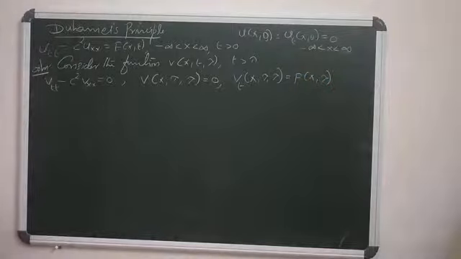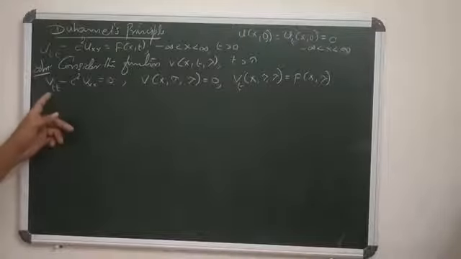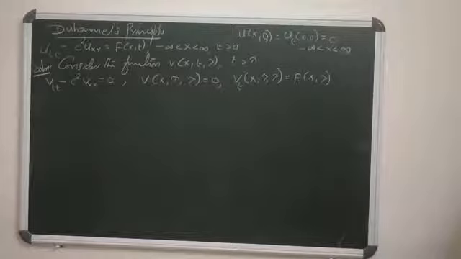So these are the two initial conditions. Consider the function v(x,t,lambda), where t is greater than lambda, which satisfies the equation v_tt minus c square v_xx equals 0, with the conditions v(x,lambda,lambda) equals 0 and v_t(x,lambda,lambda) is f of x, lambda.